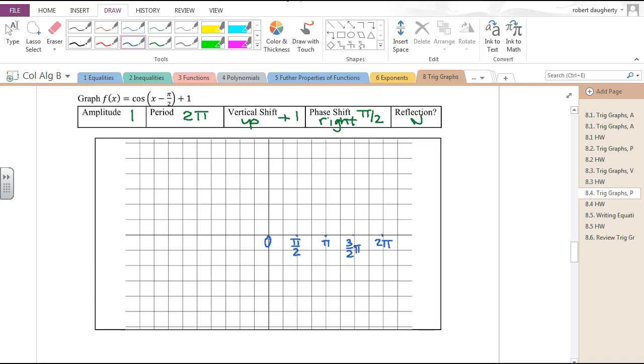And now the vertical shift is what? Up 1. So if I go up 1, I'm going to draw a line right there. Okay, so that's where my new axis is for graphing this. Now, moving it pi over 2 to which direction? Right. So instead of starting my graph at 0, where am I going to start it? Pi over 2. So I'm going to draw a line here. Okay.